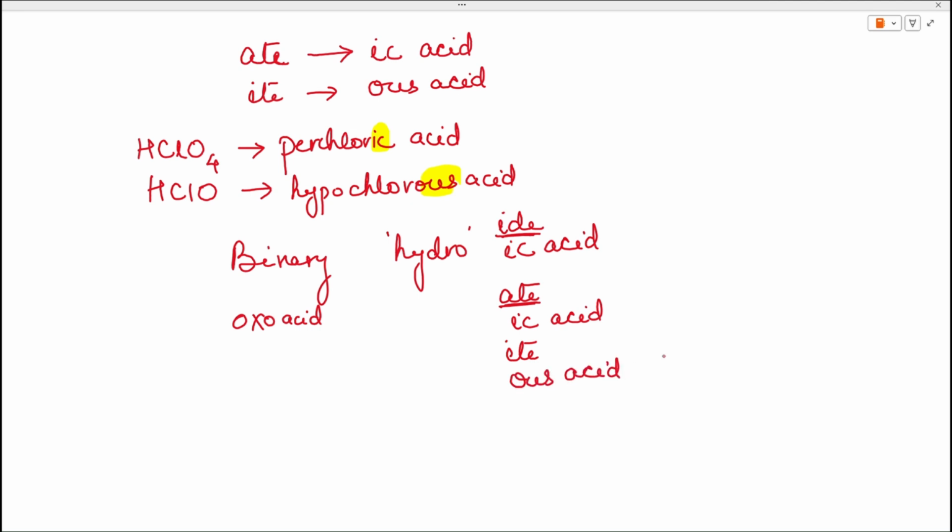There are only two exceptions to this rule, and that's when you have the negatively charged ion of sulfur or of phosphorus. So these are the only two places where there is an exception.